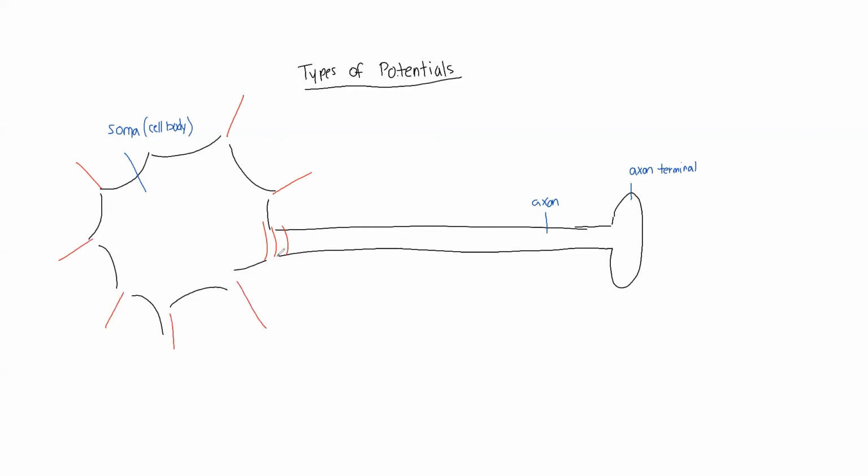The dendrites are really the way in which other neurons can signal onto the soma of this neuron. So these are called the dendrites. And then this is called the axon hillock.